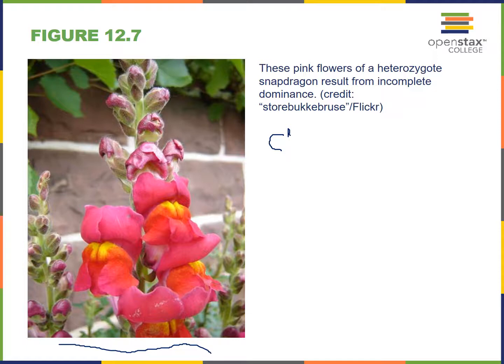That's a very tiny R. R for red, and for our white colored snapdragons, we'd use a superscript W for white. So if the plant is red flowering, its genotype would be CRCR. If the plant is white flowering, the genotype would be CWCW. And if it's pink, like this plant right here, this would essentially be its genotype, CRCW.